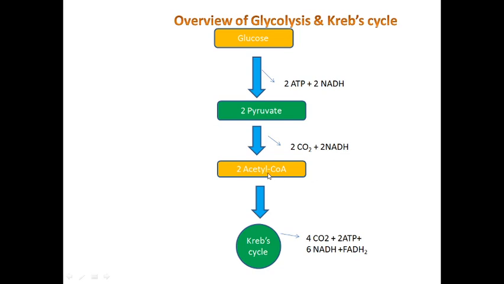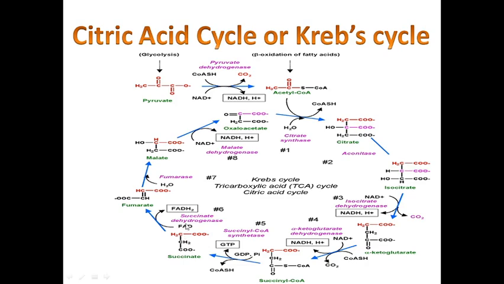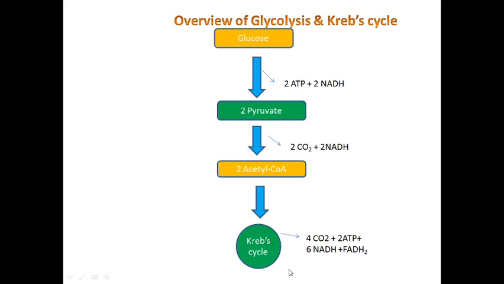And when this acetyl coenzyme A enters the Krebs cycle, upon combining with oxaloacetic acid, it liberates 4 molecules of carbon dioxide plus 2 molecules of ATP or GTP, later converted to ATP, plus 6 NADH and 2 FADH2. So how many ATP are formed? 4 ATP. 10 NADH and 2 FADH2 are formed in glycolysis and the Krebs cycle.